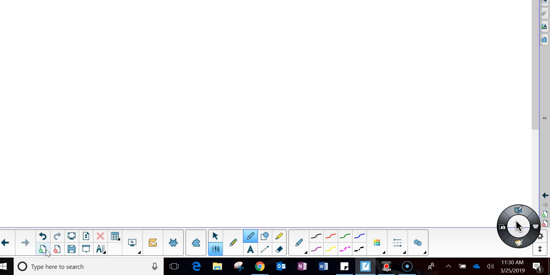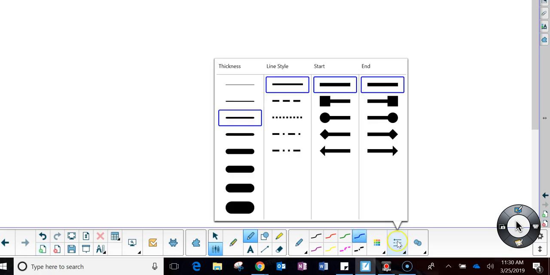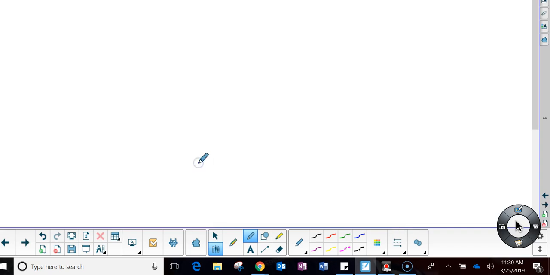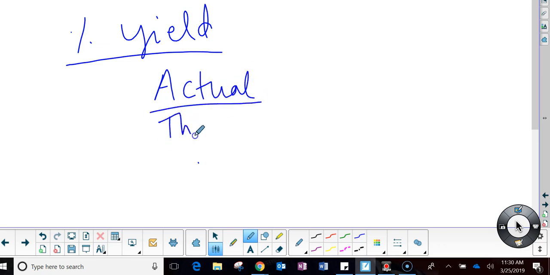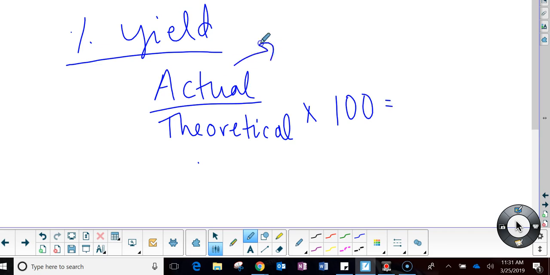Here we go. So your percent yield, this will be just like it was on the quiz. In general, the formula for percent yield is your actual over your theoretical times 100. So your actual yield is what you collected in the lab.